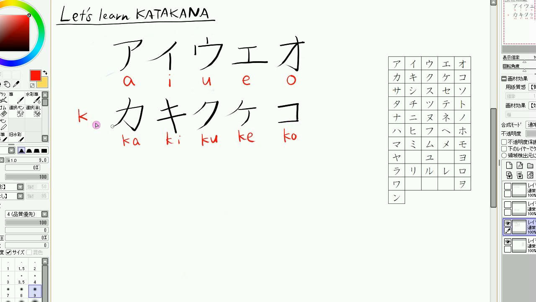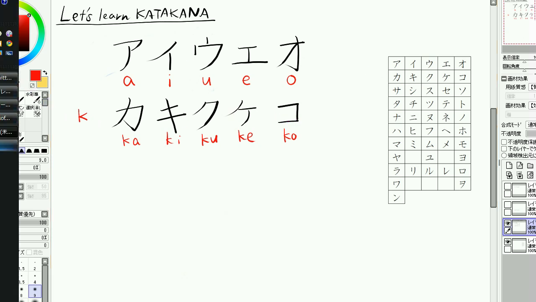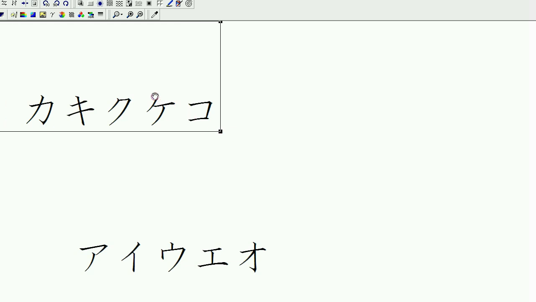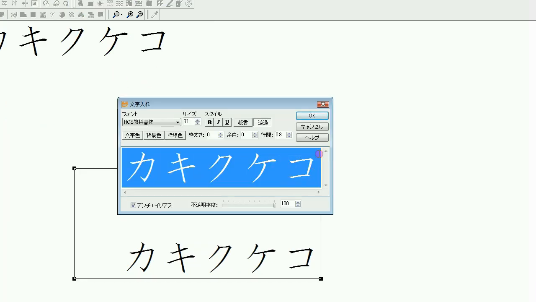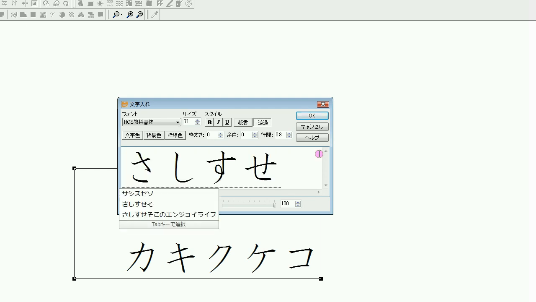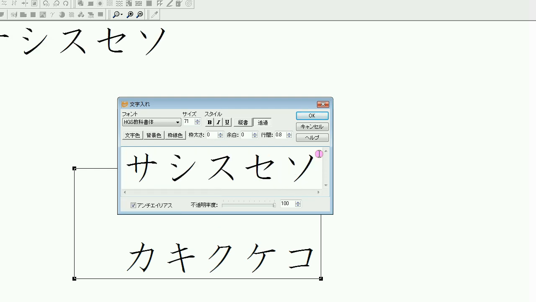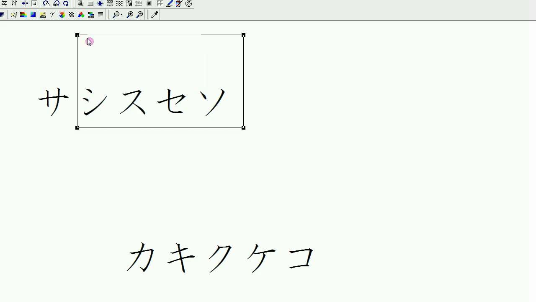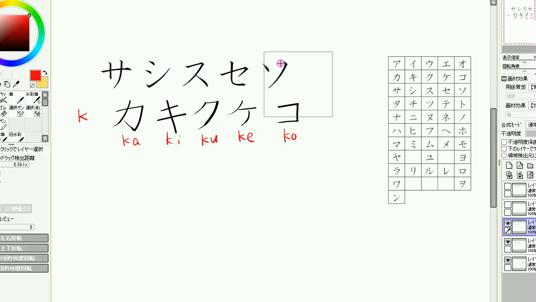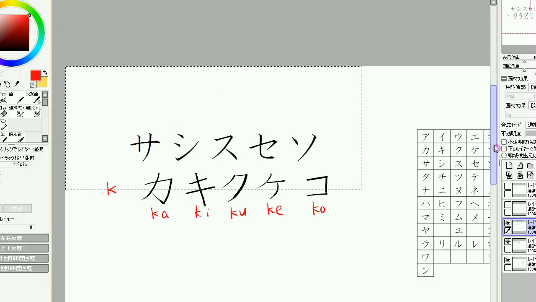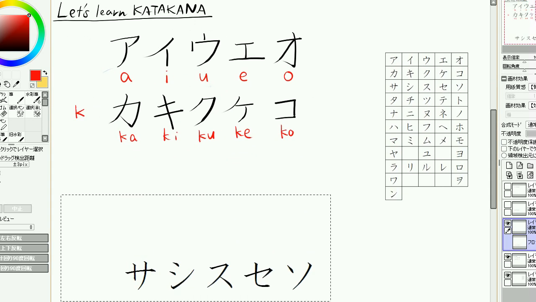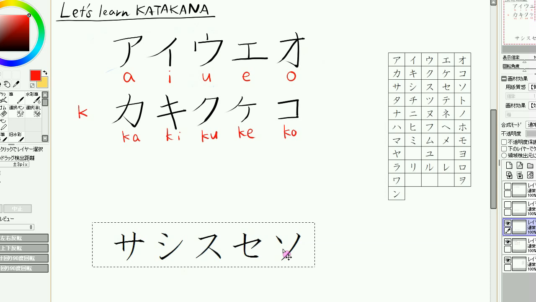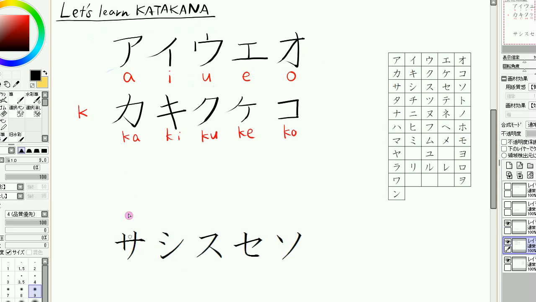Okay. All right, now let's move on to the third row. So let me type here. All right. Okay, so let's start from the left one.